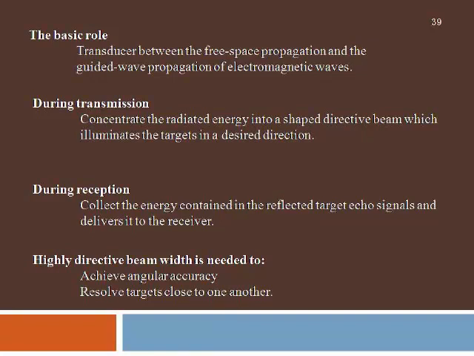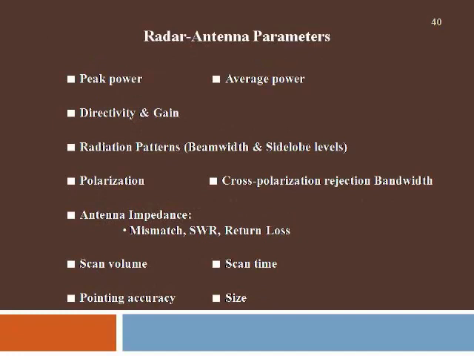And a highly directive beam width is needed to achieve angular accuracy or resolve targets close to one another. With all this, let us consolidate the required parameters of an antenna.